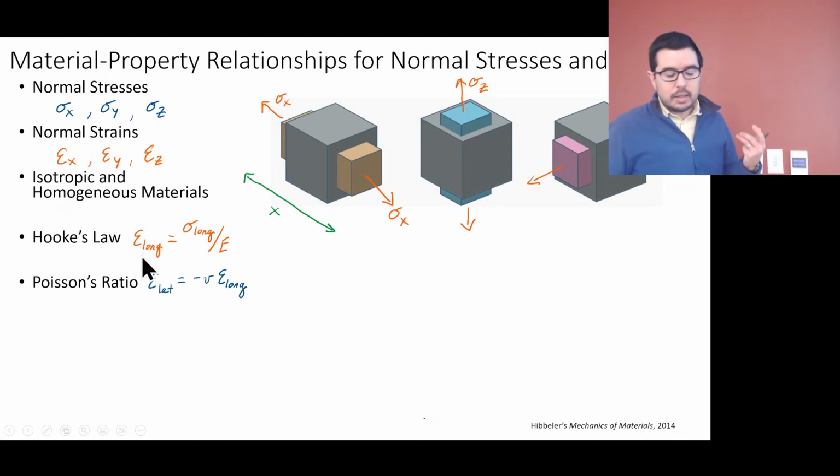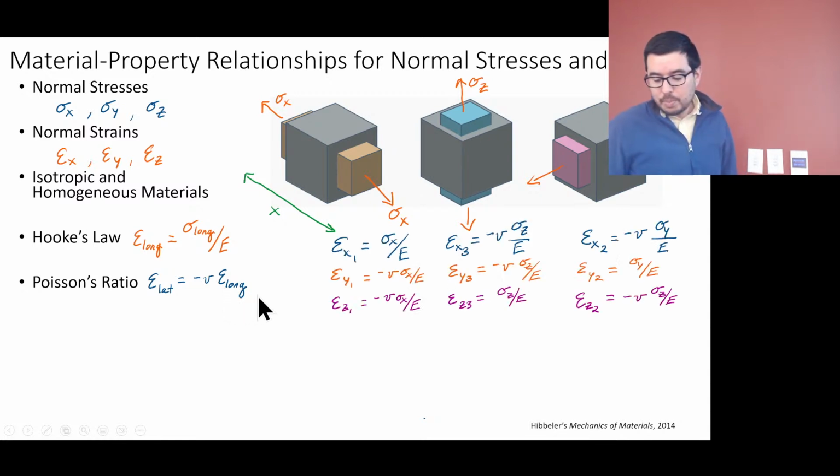Hooke's law says that the longitudinal strain is equal to the longitudinal stress divided by E. Poisson's ratio says the latitudinal strain is equal to minus nu times the longitudinal strain. Now look at what happens.